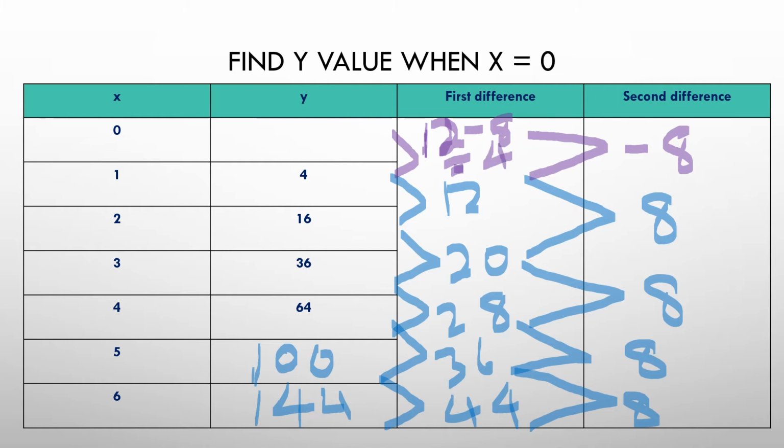So now we want to find the 0 term. The first term is 4, so 4 minus 4, our 0 term is 0. So our y-intercept is 0 if we graph this.